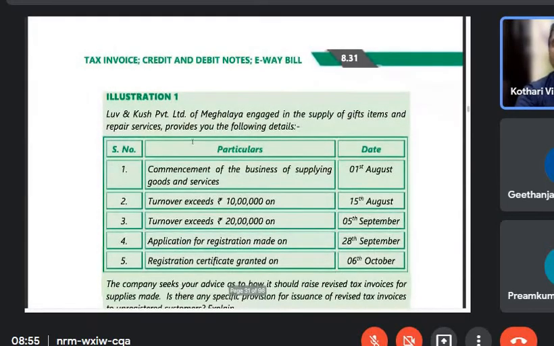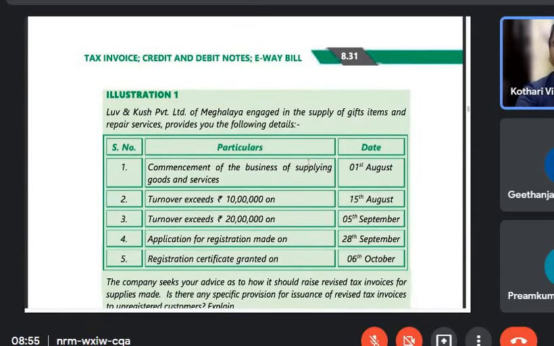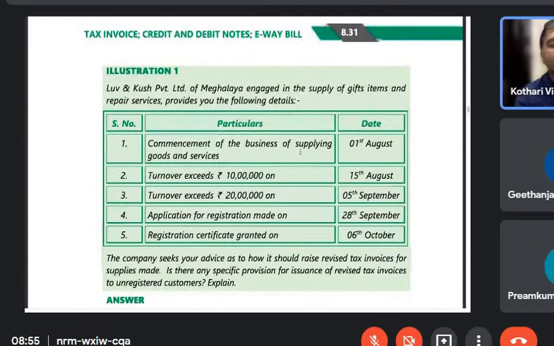Love and Kush of Meghalaya, engaged in supply of gift items and repair services, provides you the following details. Commencement of business supplying goods and services: 1st August. Turnover exceeds 10 lakhs on 15th August.